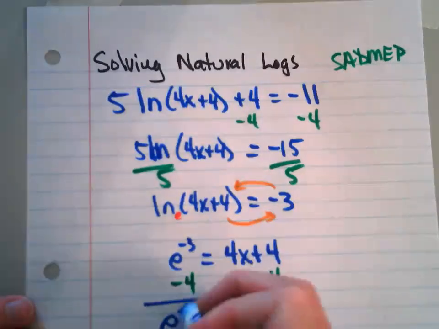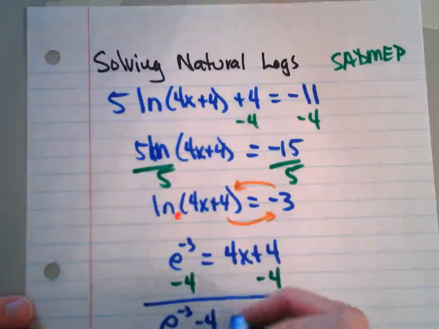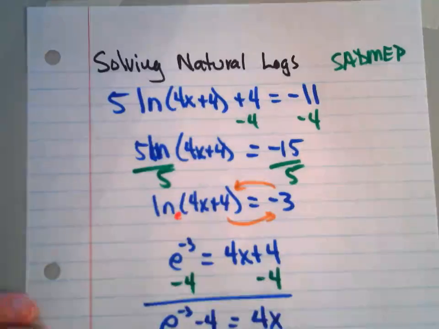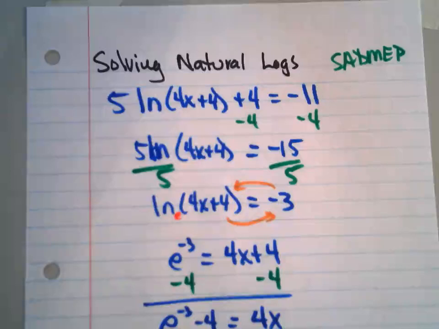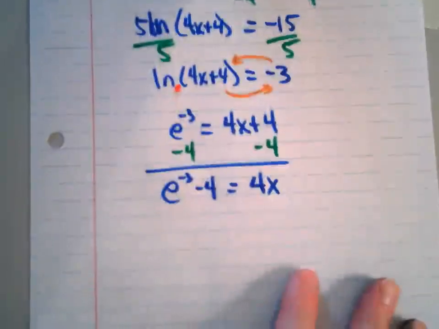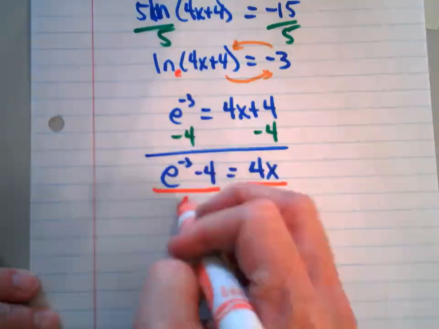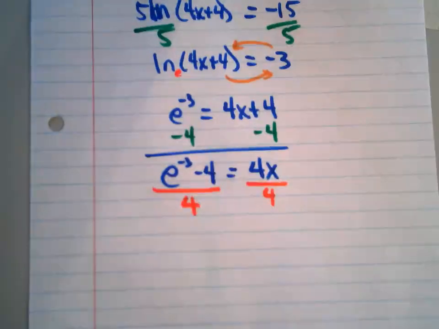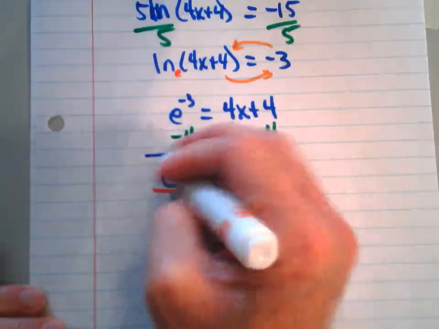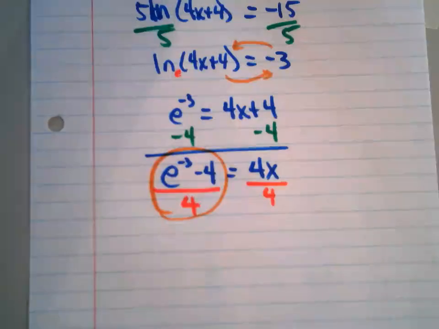That's e to the negative 3rd minus 4 equals 4x. Divide by 4. And that right there becomes the whole answer. That's the exact answer. No decimals needed.